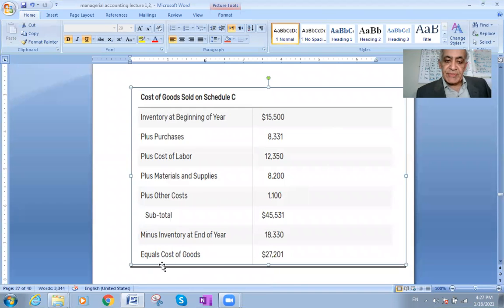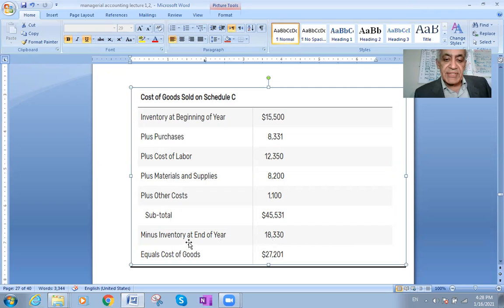This number was all the costs that I will carry for selling the goods which I have. I will deduct from this the inventory at the end of the year, because I didn't sell it. I'm calculating cost of goods sold, so why would I involve the inventory at the end of the year as long as it is not sold? So I have to deduct it.